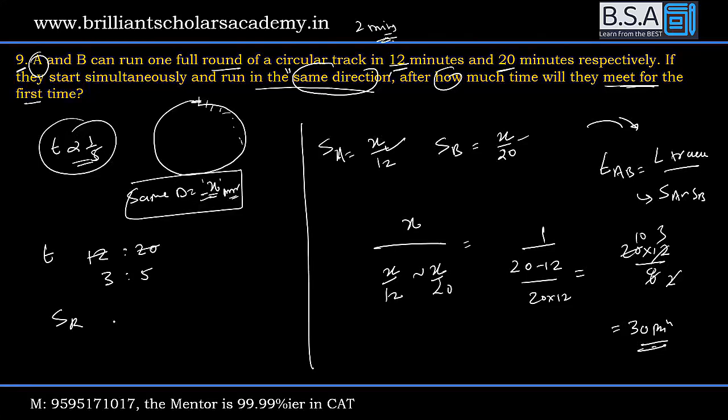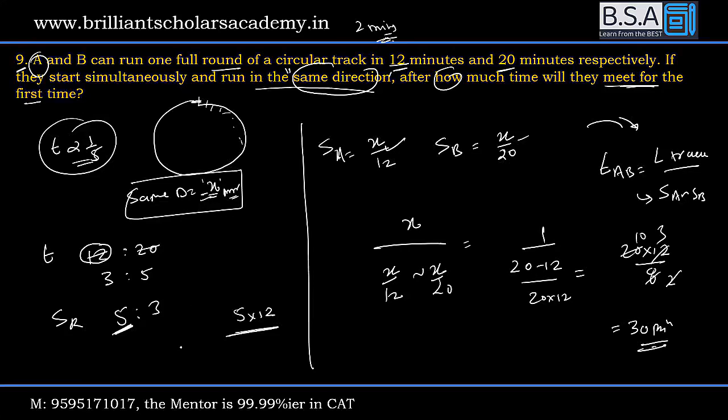So what is the speed ratio? 5/3. अब सुनना अच्छे से. The person whose speed is 5 is completing circle in 12. So circle must be 5 into 12, because the person's speed is 5 and the person is completing the circle in 12.